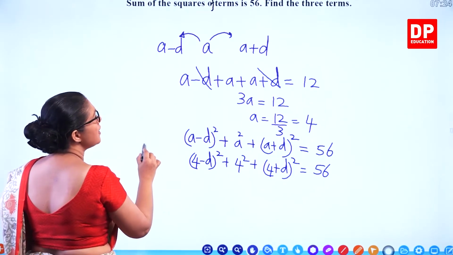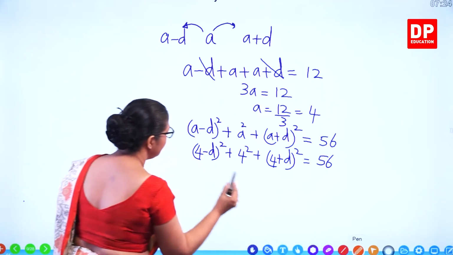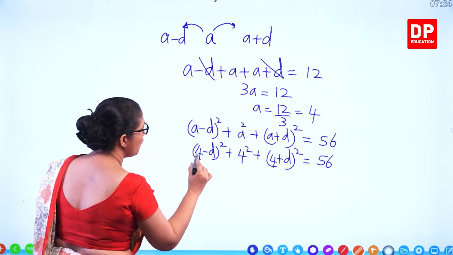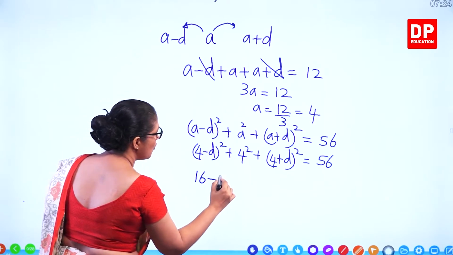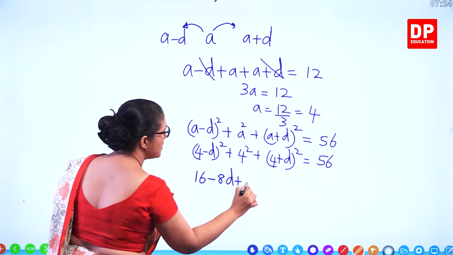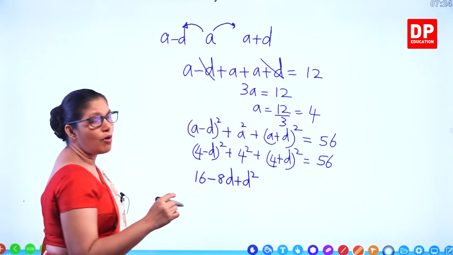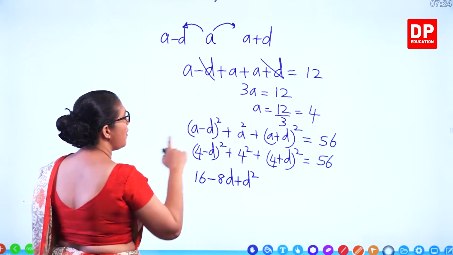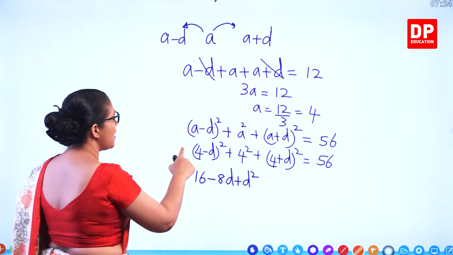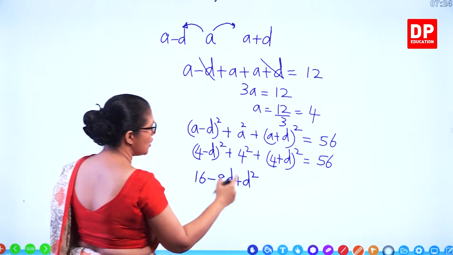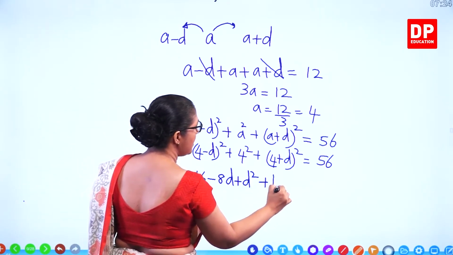Now expand the brackets. 16, 4 times 4, minus double of this, so 8d, plus d squared. You know how to expand brackets. First term squared, last term squared and double of the 2 terms multiplication. And this is 16.